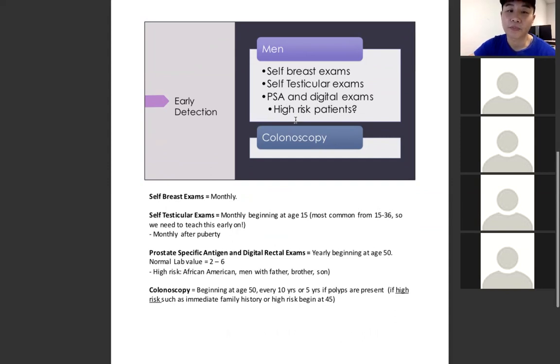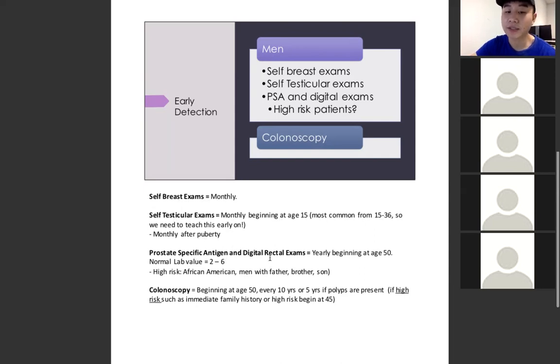So who are the high-risk patients? Let's take a look. Similar to women, we do self-breast exam monthly, and self-testicular exam monthly, beginning at age 15. Most common is from 15 to 36. So we need to teach these early on, monthly after puberty.